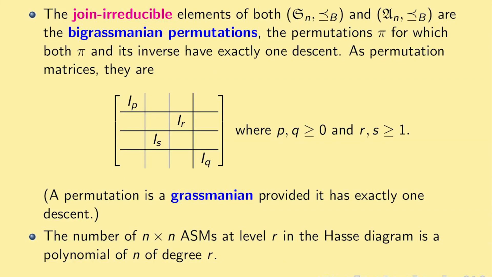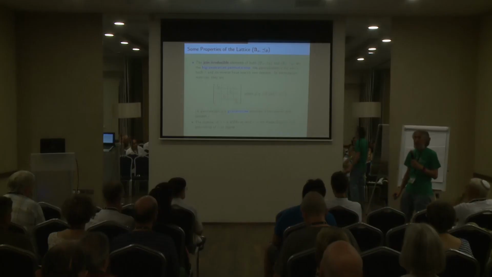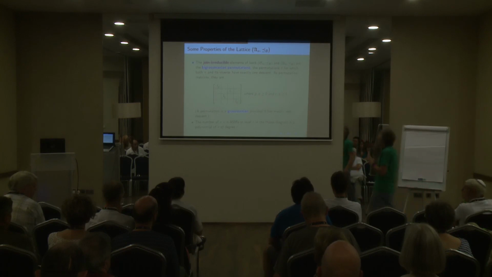And my student and I proved this about this partially ordered set: the number of n by n ASMs at grade r, at level r in the MacNeille completion, is a polynomial in n of degree r. We have some description of it, but nothing particularly nice.